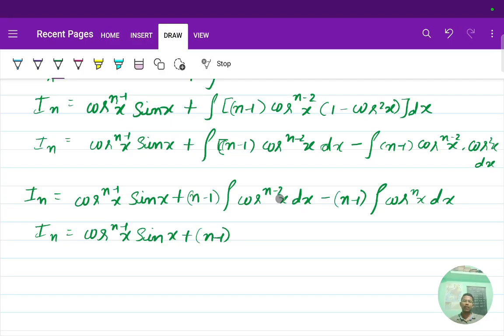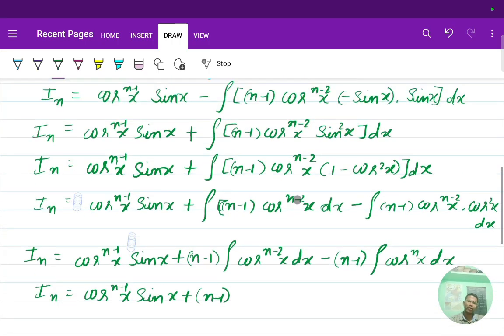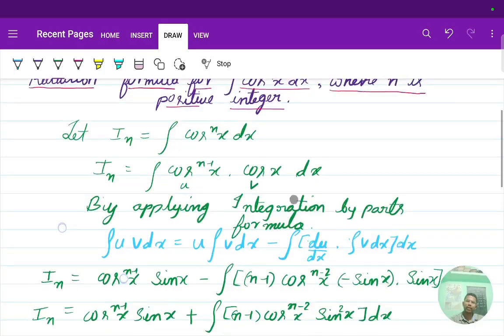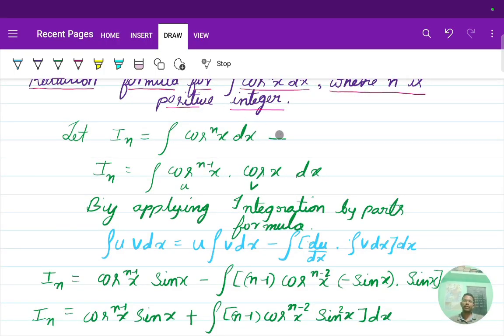Here, let's take this as equation 1. In equation 1, integration cos power nx dx is I_n, because we have the power n, so we are writing the integral as I_n.